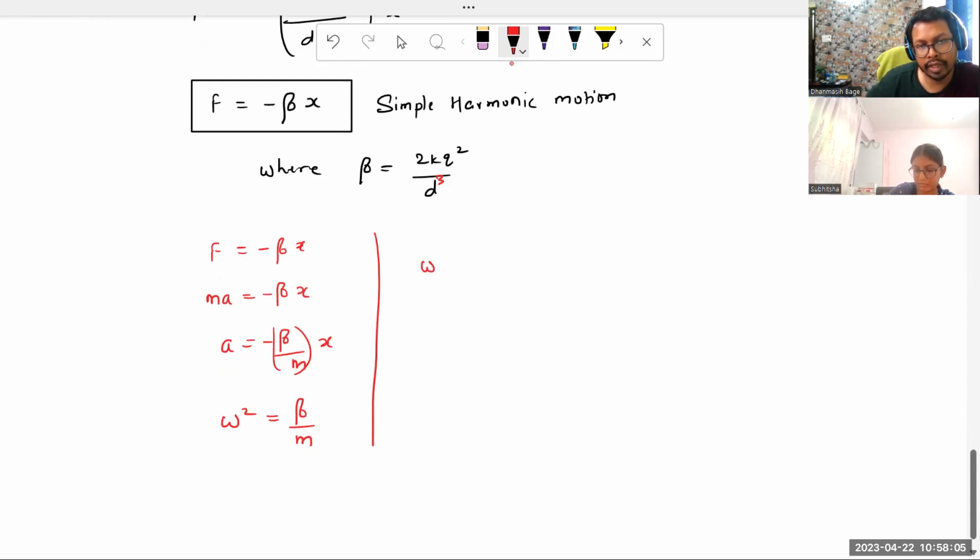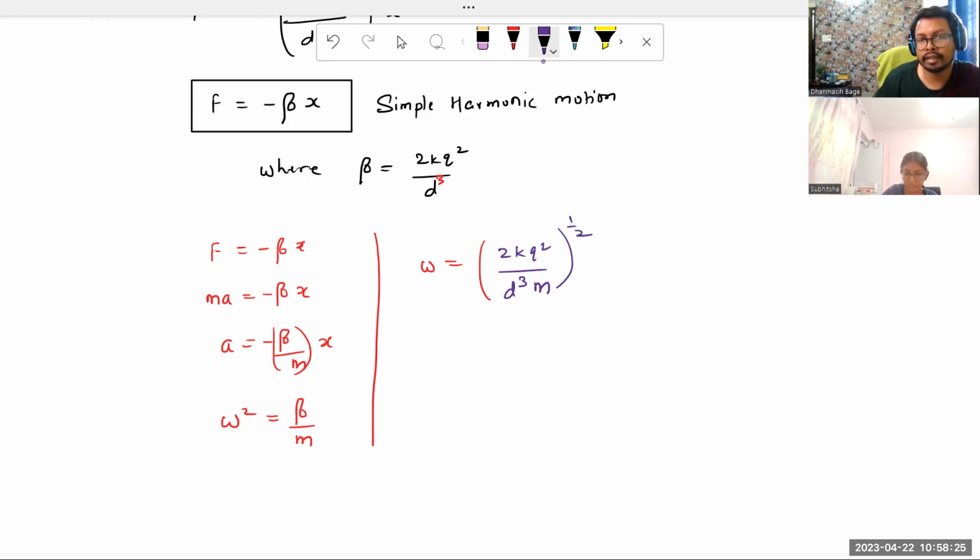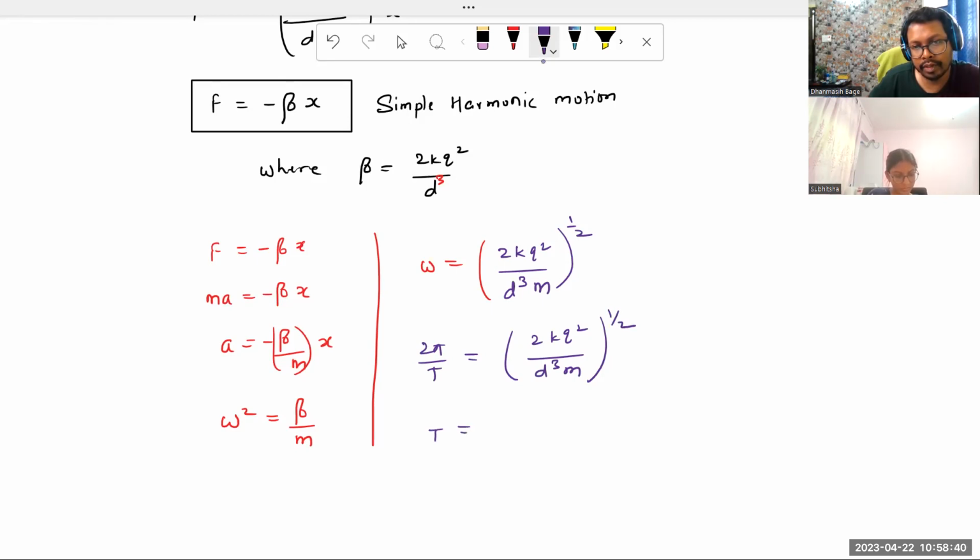So omega square is simply beta, just put this value over here, 2kq square by d cube m, to the power half. And omega is equal to 2 pi over T, so 2kq square by d cube m to the power half. So T will be equal to what?